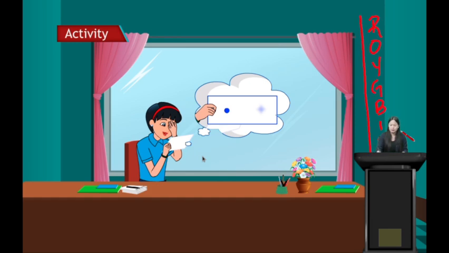These colors are known as spectrum, and this splitting of light into its colored components is known as dispersion. So we have discussed 2 terms, that is spectrum and dispersion.